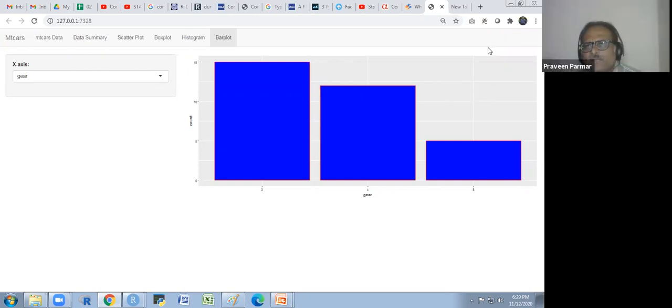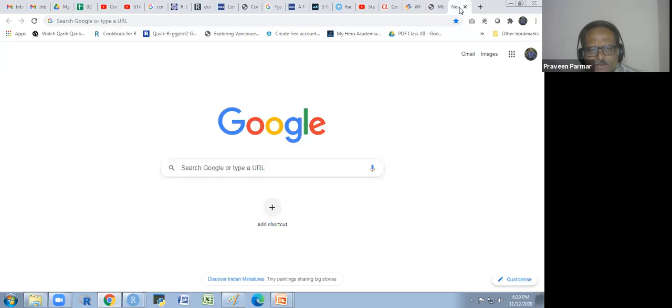One machine learning model we have also developed with Shiny. I see whether it is here or not in my system.